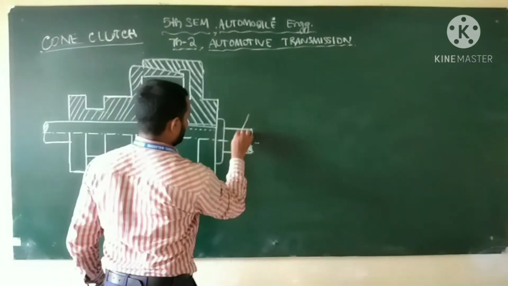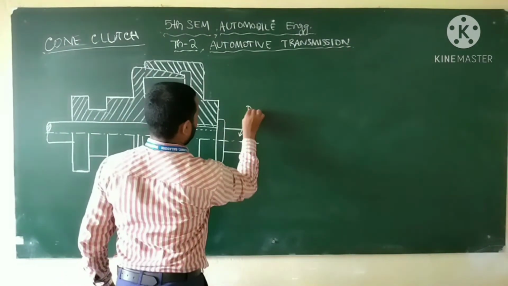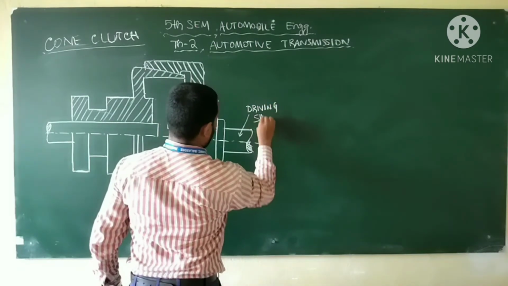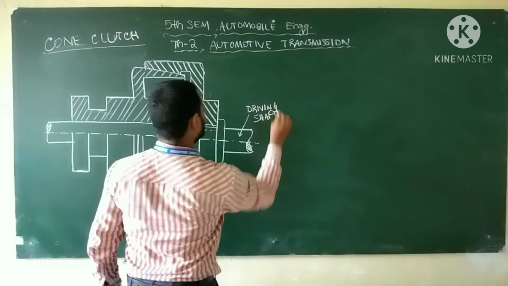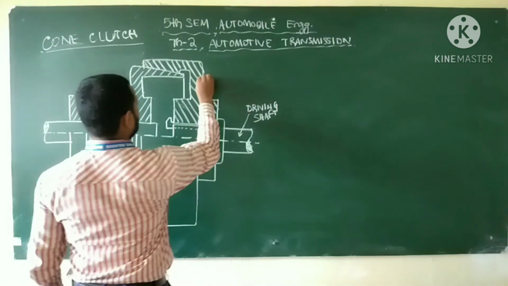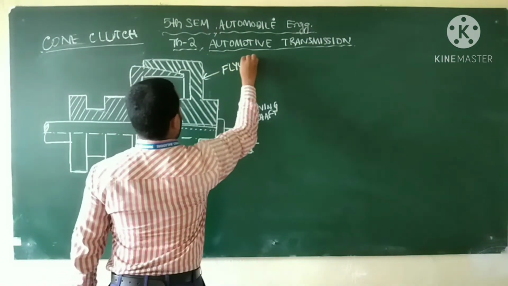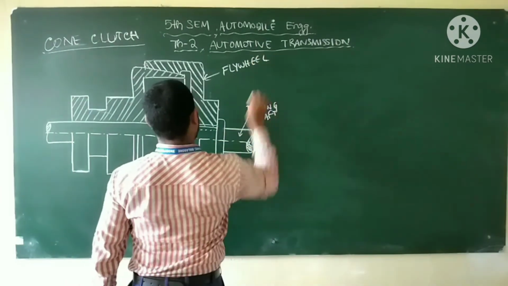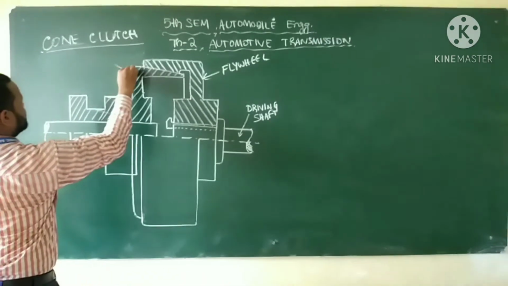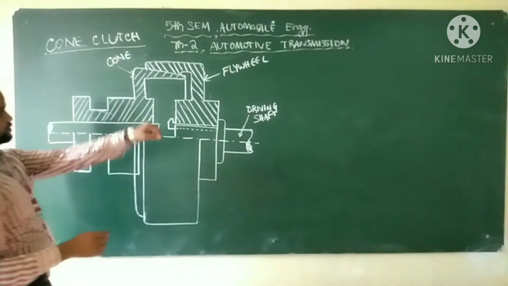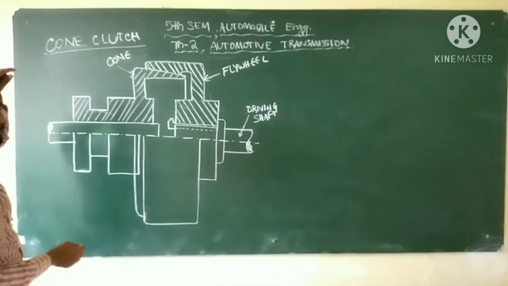The main parts are: this is the driving shaft, this is the flywheel, this is the cone, the driven part.